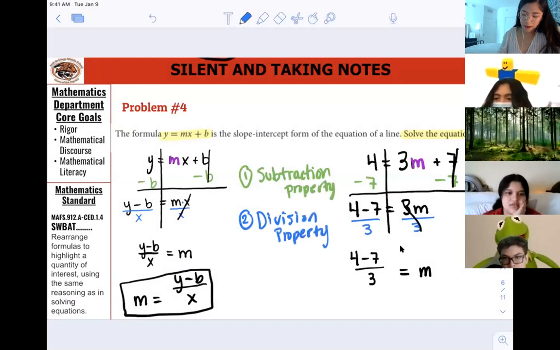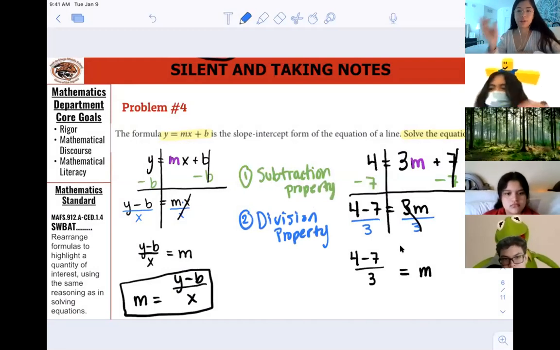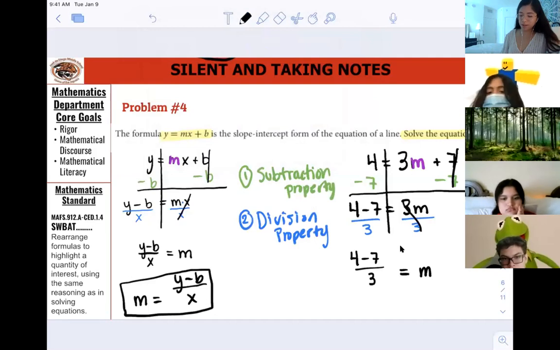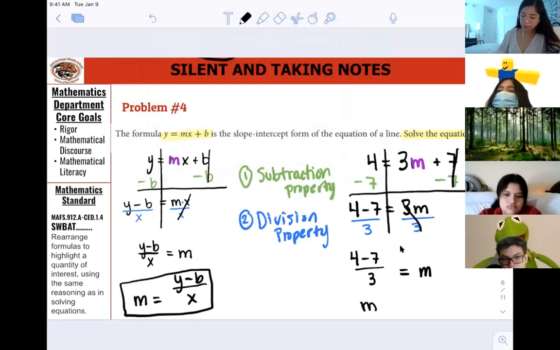Right? The only difference between these two types of problems is that with literal equations, you just have a bunch of letters. You're just moving the letters around. But with actual equations that have numbers in them, if it only has one variable, you can get a final answer. So here I can get my final answer.